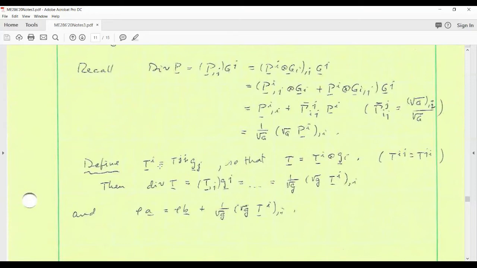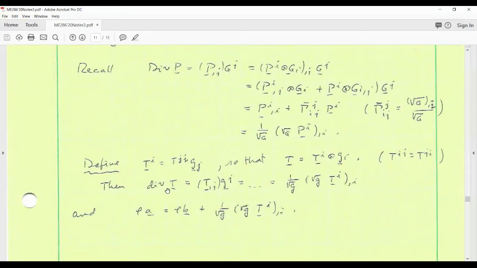Well, we can define in the same way Cauchy traction vectors, like so, sum on j. When we do this, the Cauchy stress itself is just the sum of these three tensor products, right? Because this is then TJI, GJ, tensor product GI, which is the Cauchy stress.